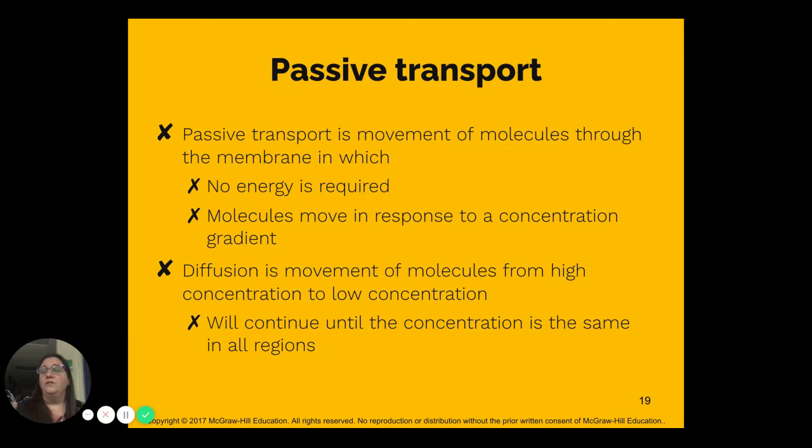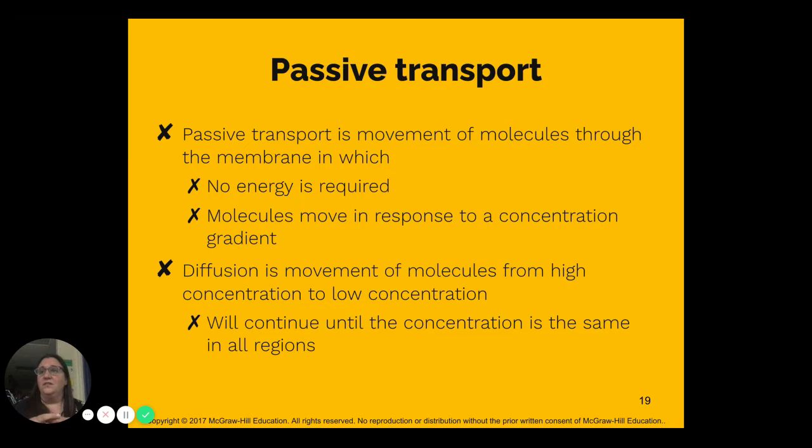Now, we can have diffusion, just examples all around us. If somebody has perfume or cologne on and they walk by you, you get to smell it because it's diffusing from where there's a lot of it on their body to out in the air where there's not very much. If somebody that you know is baking cookies and you walk into their house, you will smell that wonderful smell.